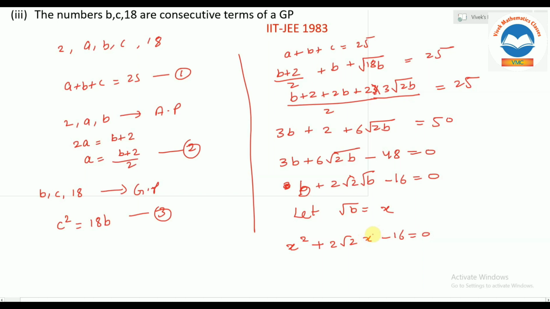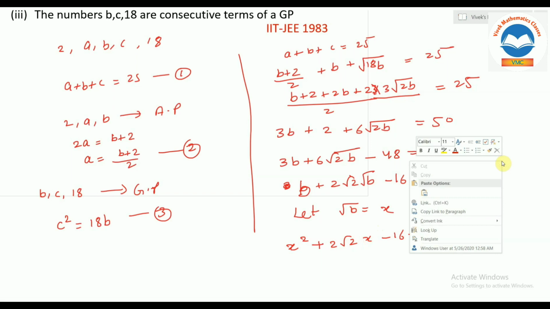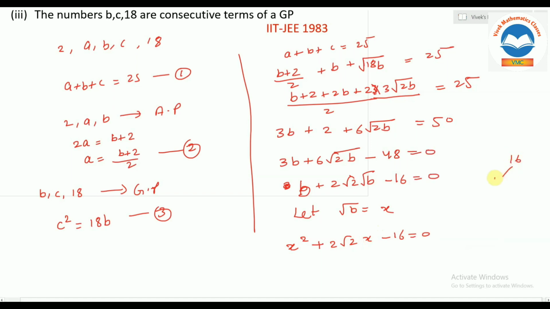So this 16 you have to factorize as 4 and 4, but we need to bring 2 root 2. So this one I will factorize again, root 2 and 2 root 2. Yes, 4 root 2 minus 2 root 2 will be 2 root 2.